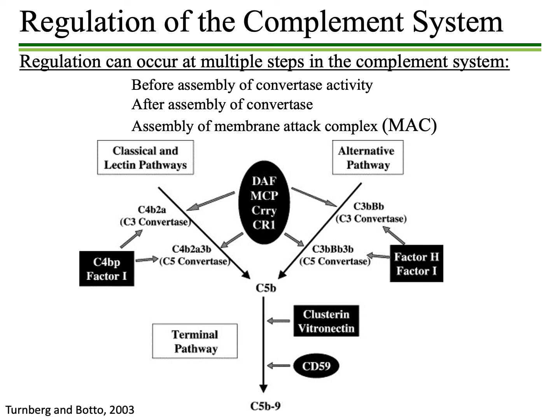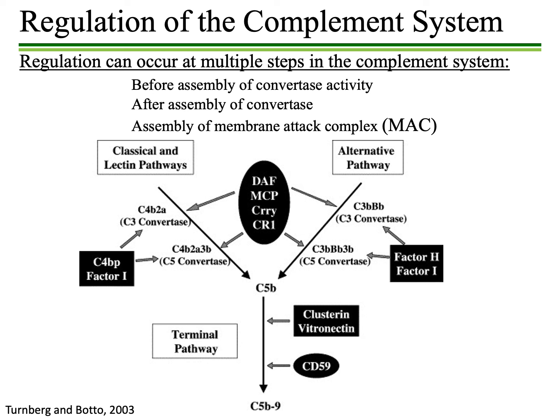This particular slide comes from a review article. What I want to highlight for you are the components that are in black, either black ovals or black squares. These are all regulatory components that play a role in regulating, basically being able to turn off the complement system. What I want to highlight is that this regulation can occur at lots of different locations in that complex biochemical cascade.